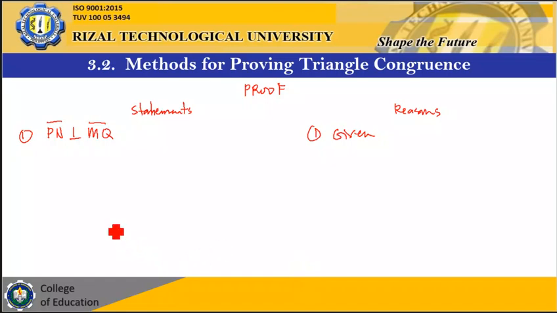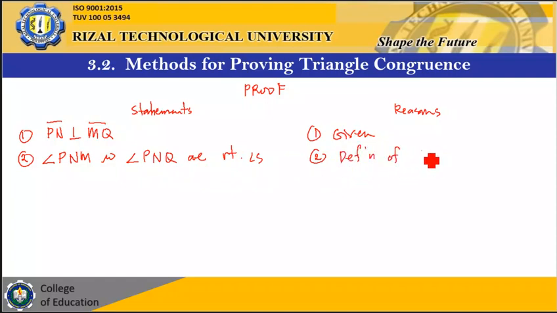So we can say that angle PNM and angle PNQ are right angles, and that is based on the definition of perpendicular lines.